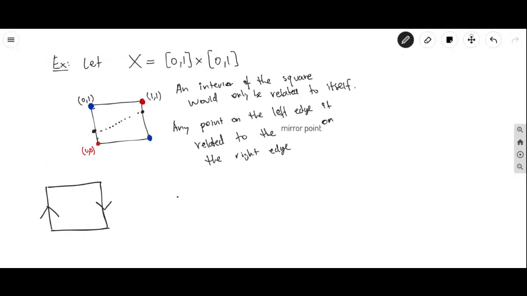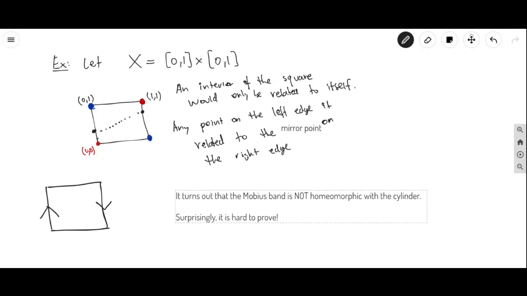And an interesting question to ask: it turns out that the Mobius band is not homeomorphic with the cylinder. And surprisingly, it is hard to prove. It has something to do with orientability. So it can be shown that the Mobius band is not orientable, whatever that means.